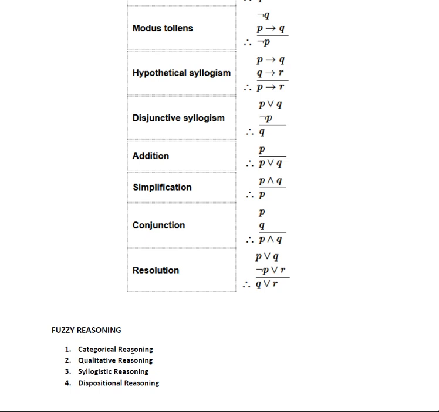Based on that, we can give qualitative reasoning. That means it can have some meaningful representation in the case of qualitative reasoning. Now coming to the third, syllogistic reasoning. In the case of syllogistic reasoning, antecedents with fuzzy quantifiers are related to the inference rules in this case.